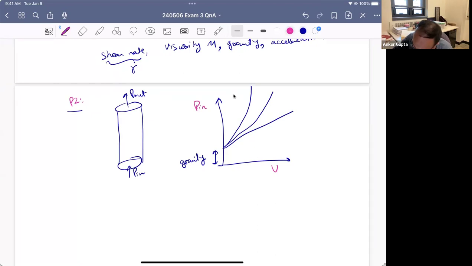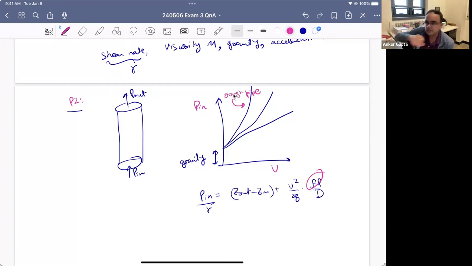The question could be, what are the conditions? As we have discussed, P in over gamma is equal to Z out minus Z in plus U squared by 2g times fL by D. If f is constant, which is a very rough pipe, you will get the maximum increase because it will be the square of velocity.